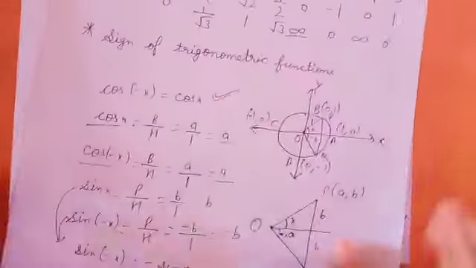Okay. Now if we talk about other angles, what we will get is, by dividing sine and cos, we will get other angles.